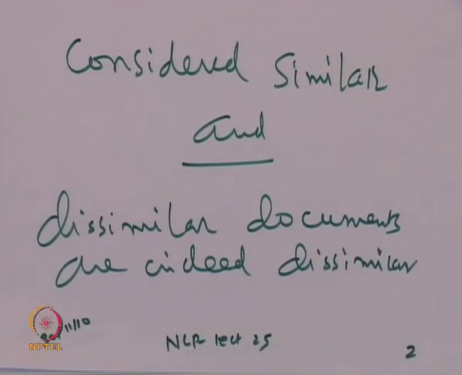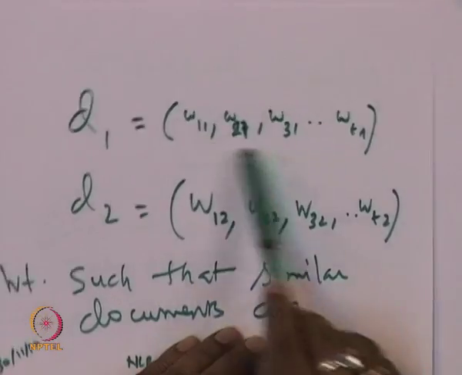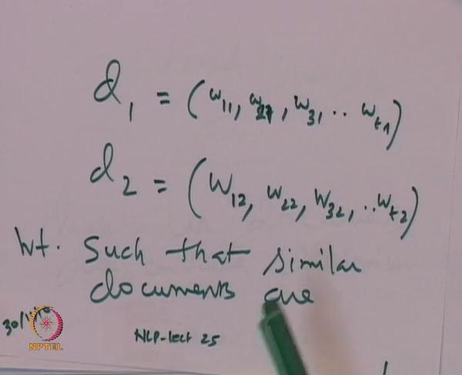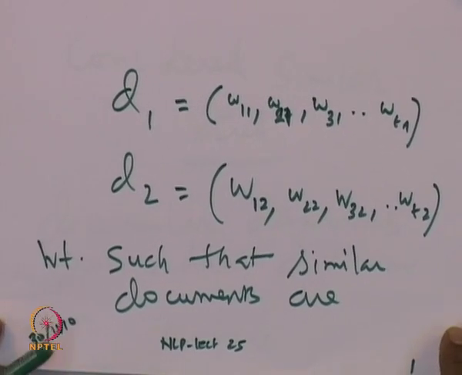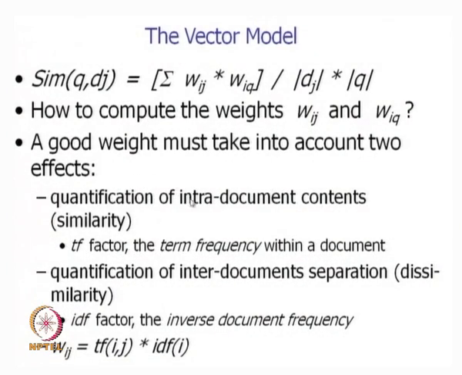This is the responsibility of the weightage scheme. The weight values would be such that documents which are similar are close together, documents which are dissimilar are far from each other.